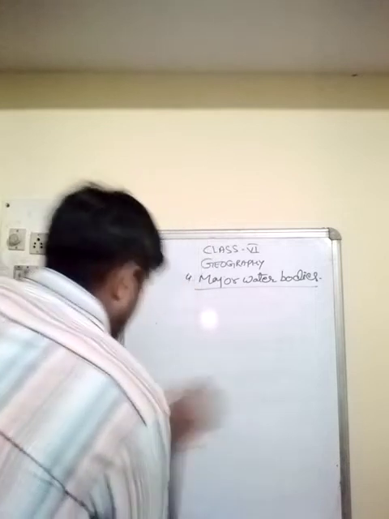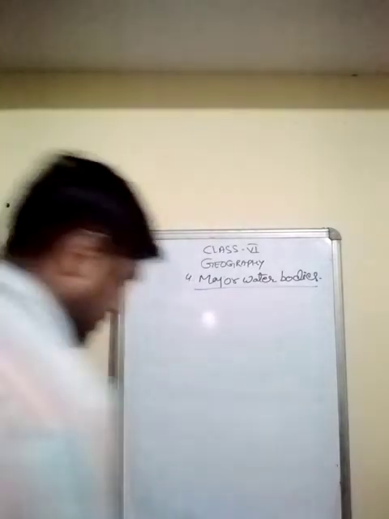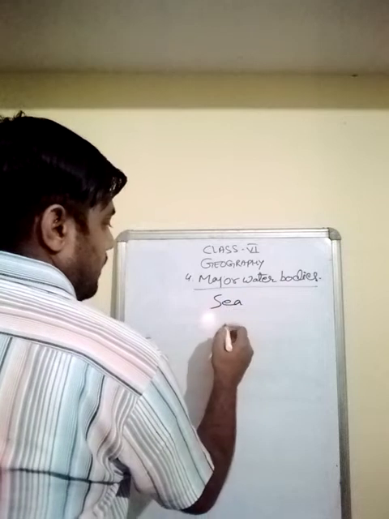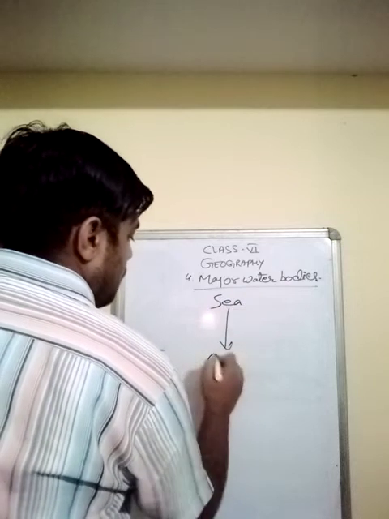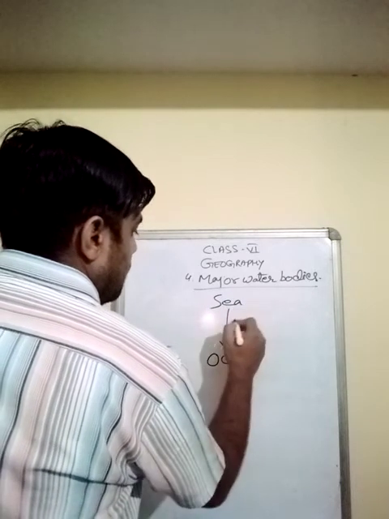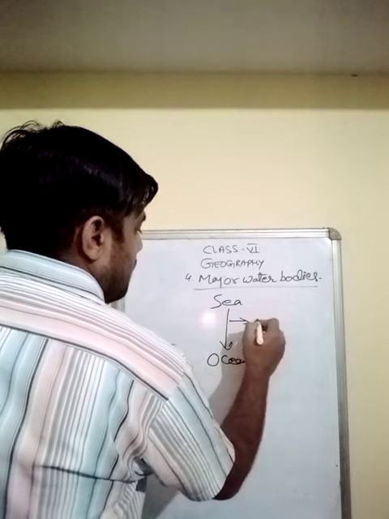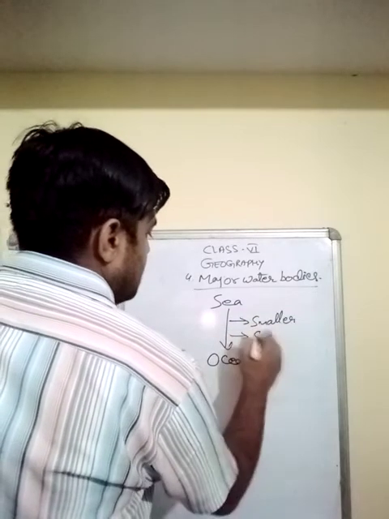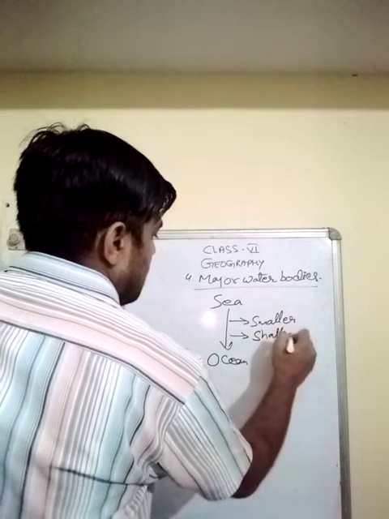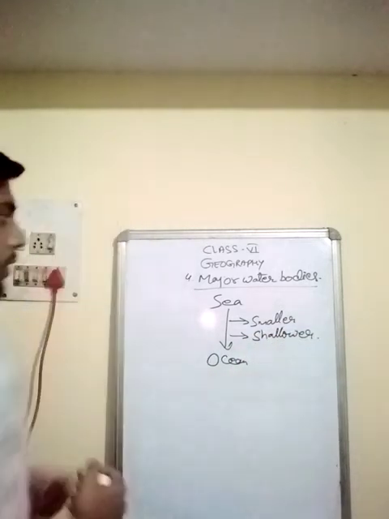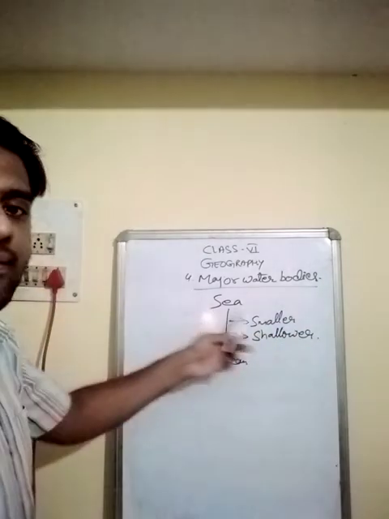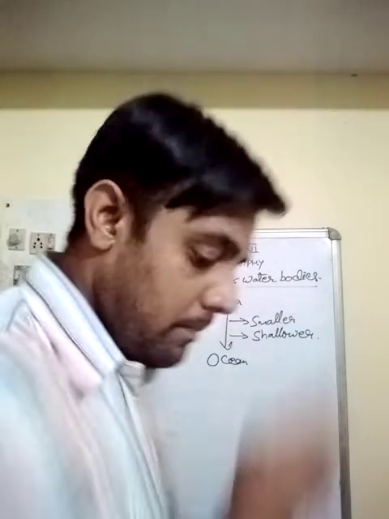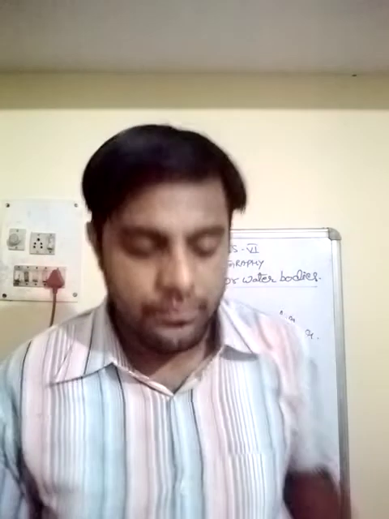In fact, shallow is the opposite of deep. In comparison to ocean, we can say a sea is smaller and shallower. With this idea, let's continue.